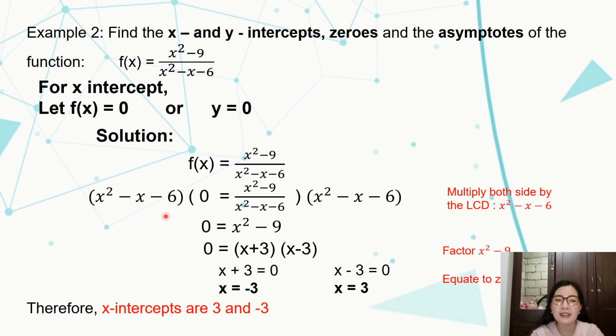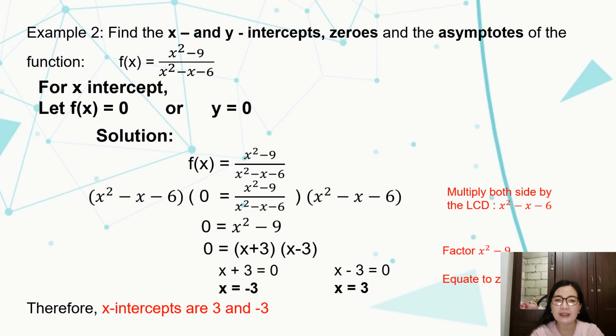So, kung mapapansin ninyo, dito sa left side, minultiply ko yung ating LCD at minultiply ko din siya sa right side of the equation. Now, multiplying x squared minus x minus 6 sa 0, ang sagot ay 0 kasi any number multiplied by 0 is 0.